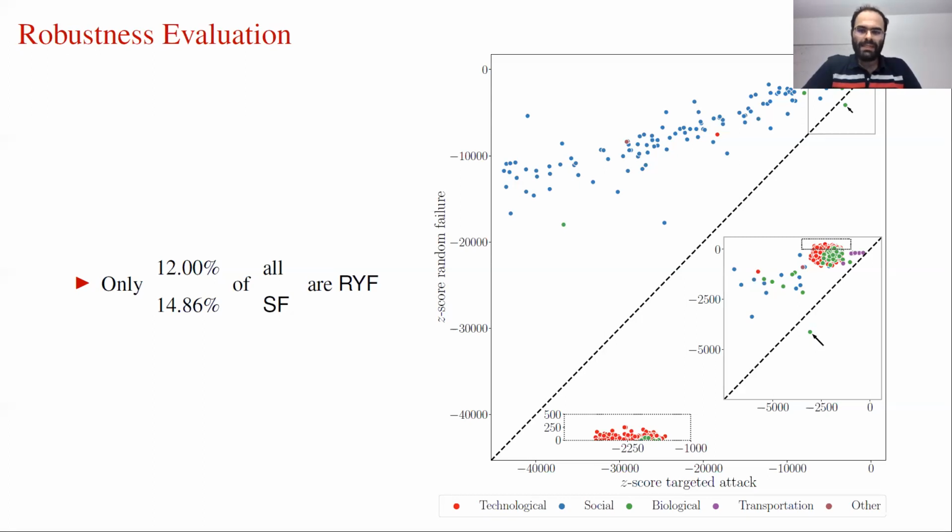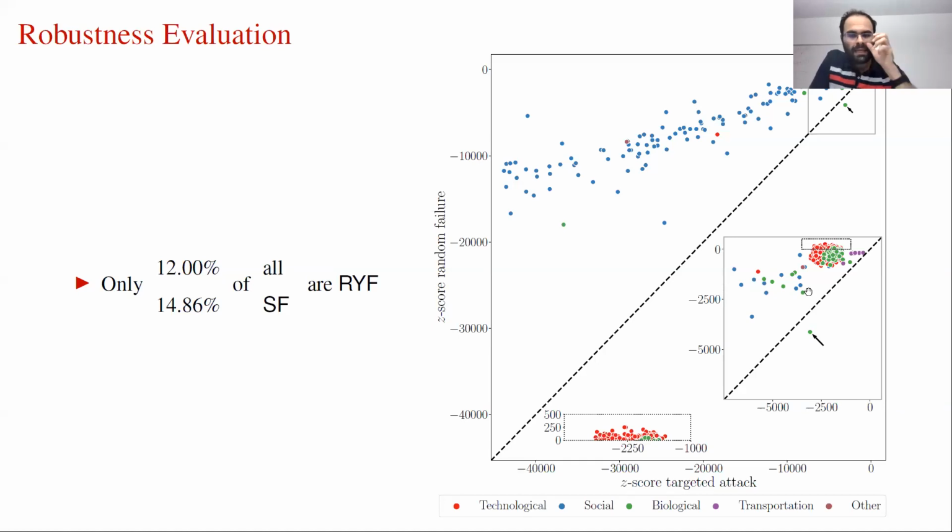And we also see that the social networks in our collection, as you can see here, are extremely more fragile compared to the other categories of networks. And if we look at this first inset, which basically contains most of the non-social graphs, we can see that most networks fall above the identity line, shown here by dashes.